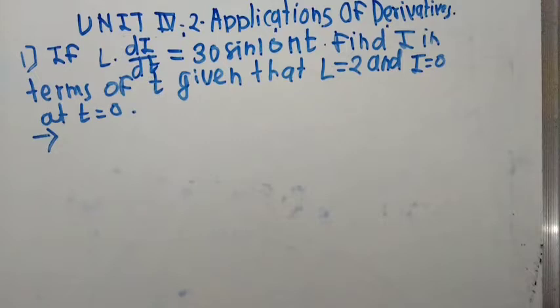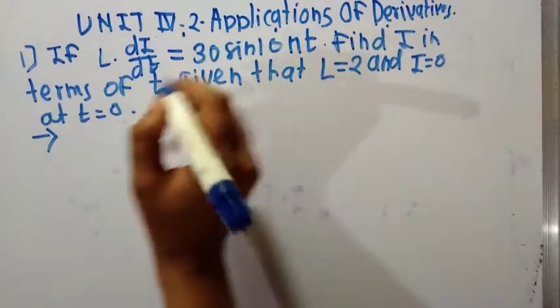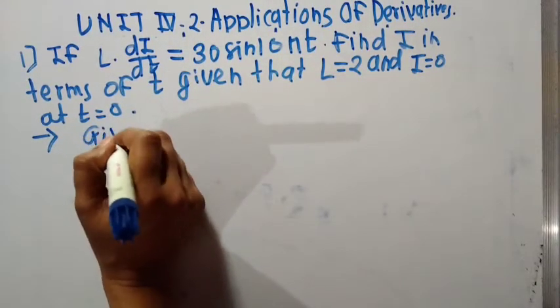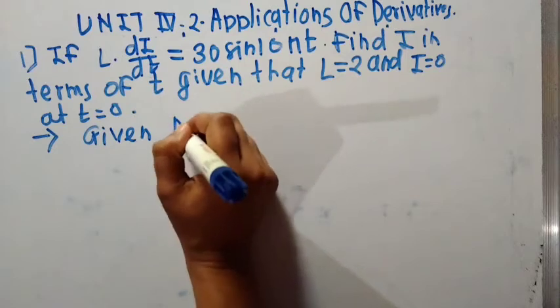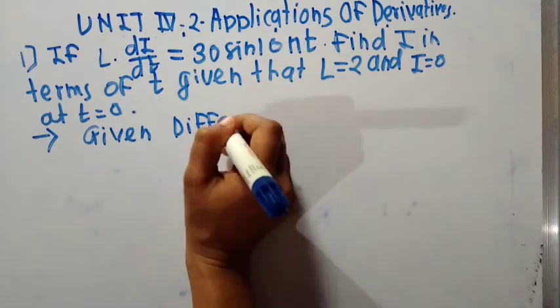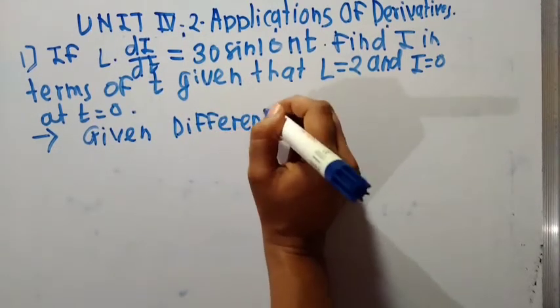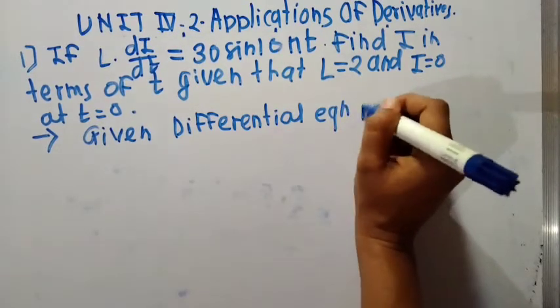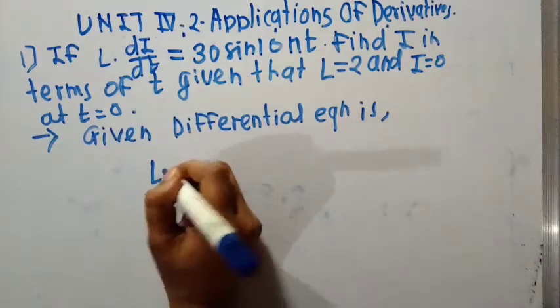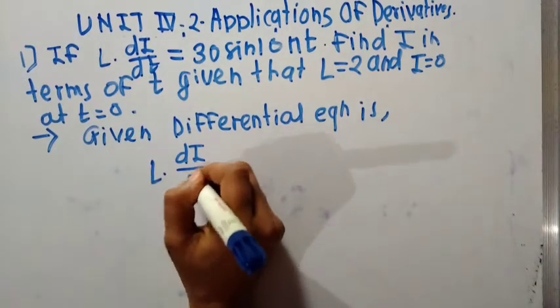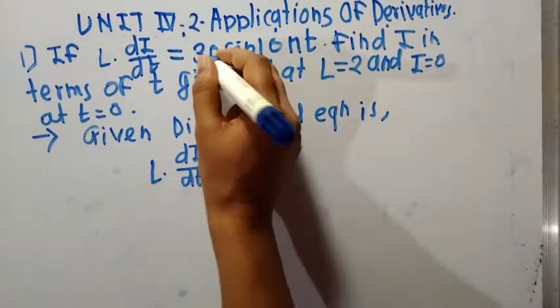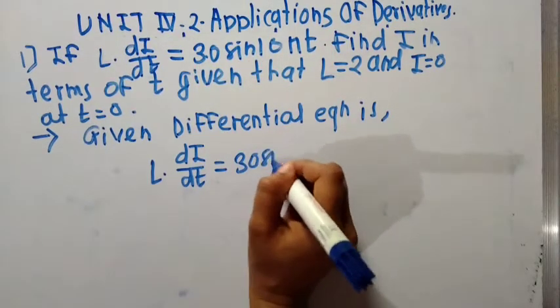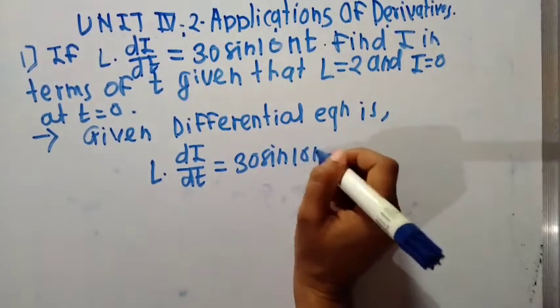Then the solution of this equation. This is the given differential equation: L into di by dt is equal to 30 into sine 10 pi t.